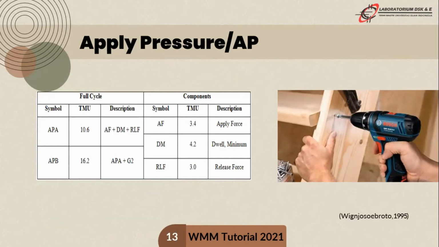For dwell minimum, we just apply enough force to do the activity. And RLF, or release force, is when we release the force. Then what makes APA and APB different? For APB, there is an additional regrasp, making it APA plus regrasp.